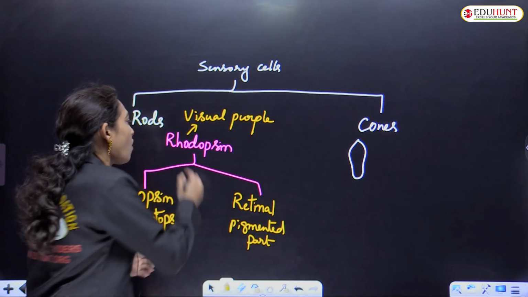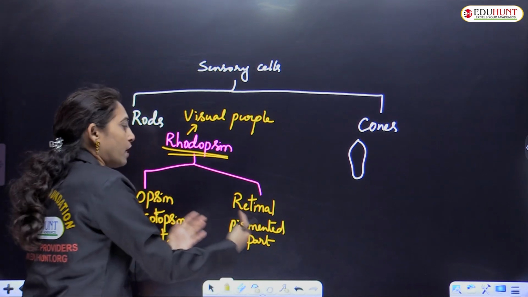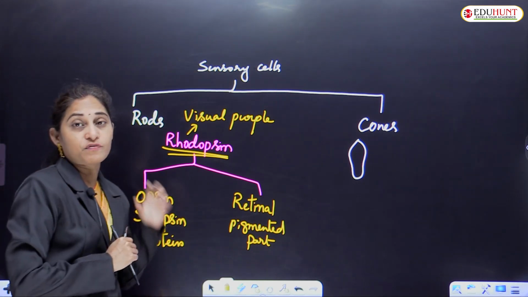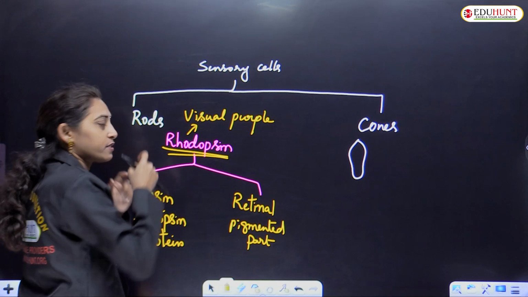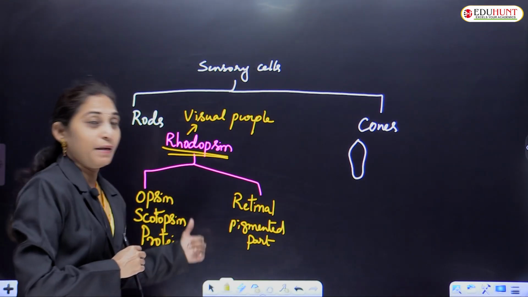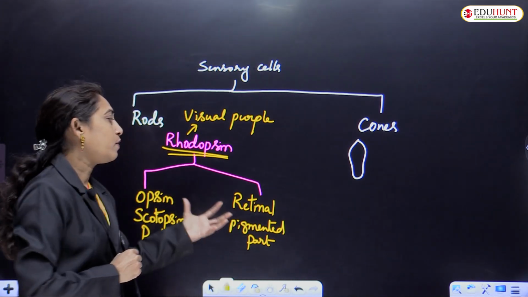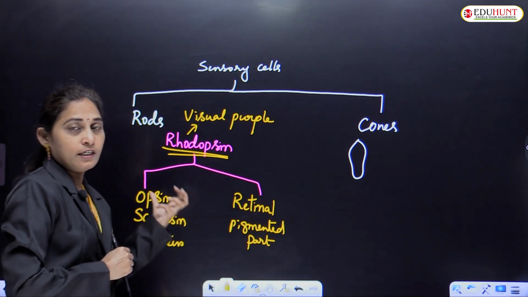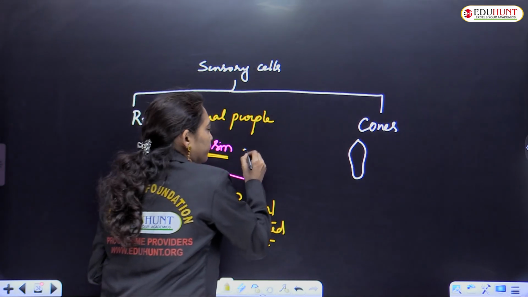Like that, rhodopsin also has two parts. The protein part of rhodopsin is called opsin, especially in rods it is called scotopsin, and the pigmented part is called retinal. These two, in coordination with each other, are responsible for night vision.